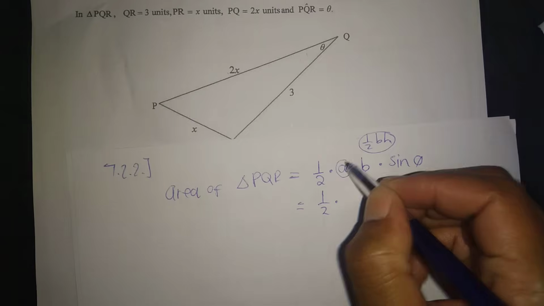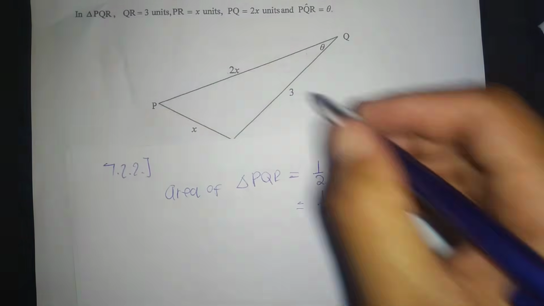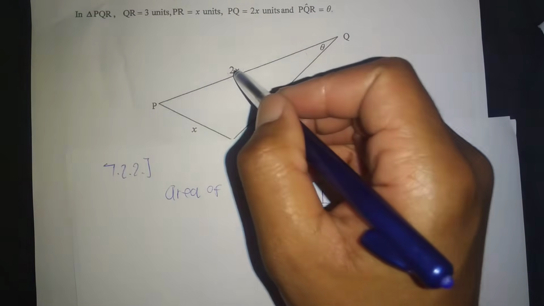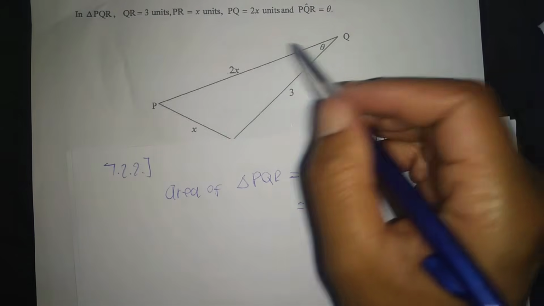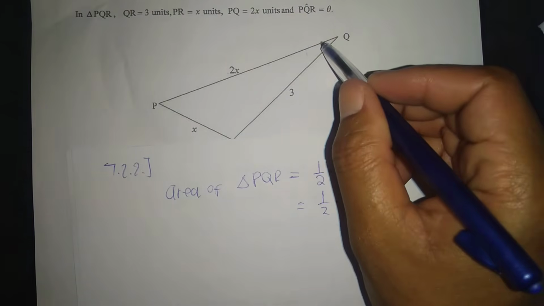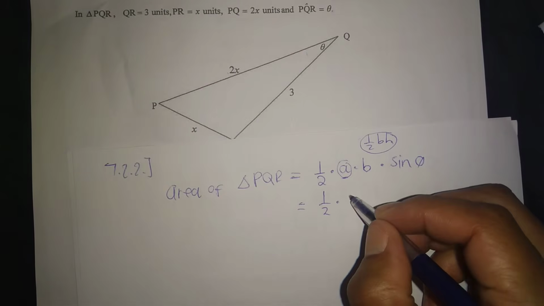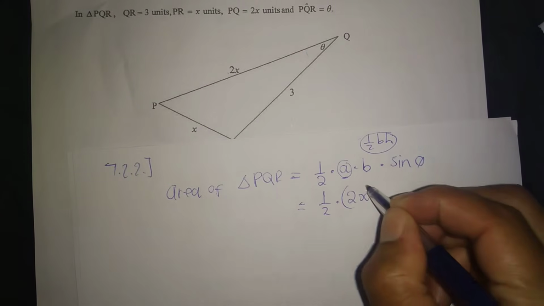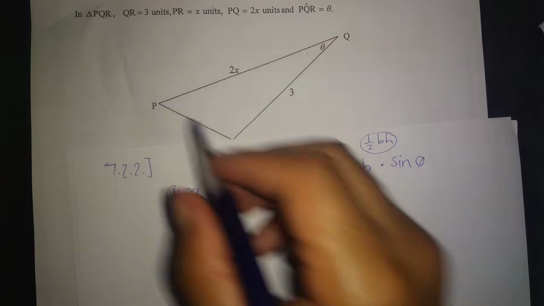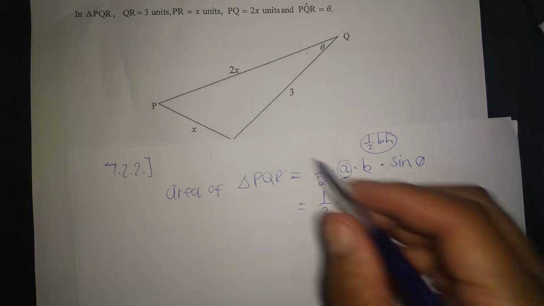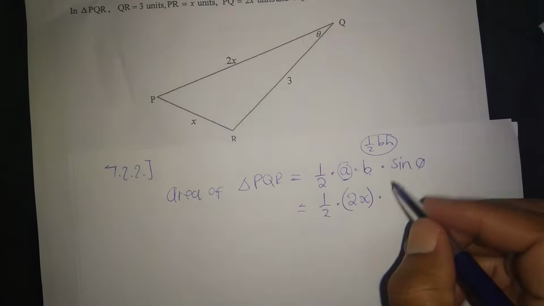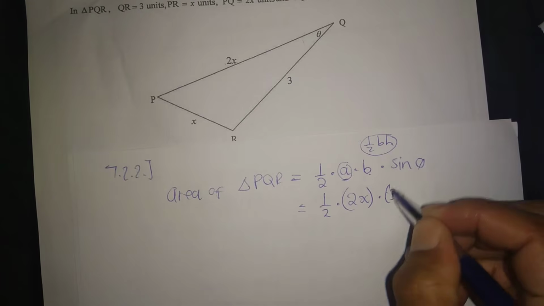So A and B are either of the two sides between this angle, right? So A substituted is what? 2x here. A we take as PQ, and then B will be RQ, which is 3.